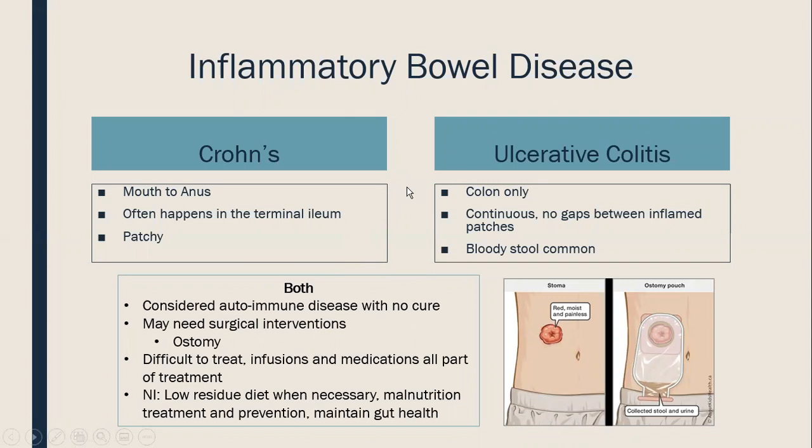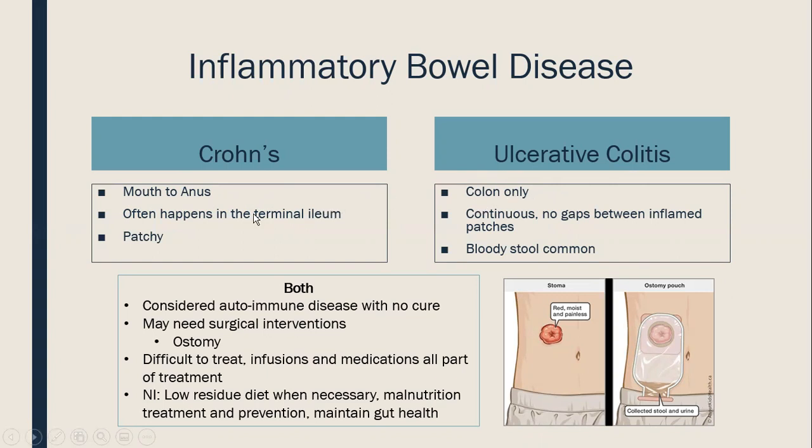Next, we see inflammatory bowel disease, and this is divided into two subcategories: Crohn's and ulcerative colitis. These tend to be fairly similar, but the distinction between the two is the location. Crohn's is inflammation and irritation building up anywhere along the GI tract from the mouth to the anus, whereas ulcerative colitis, or UC, is particularly in the colon.